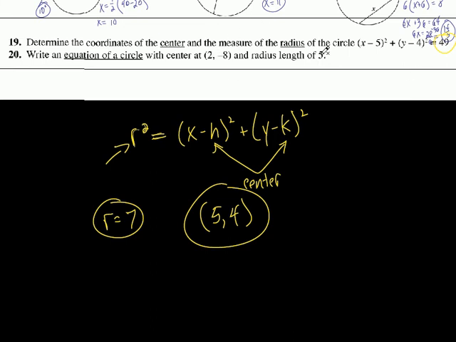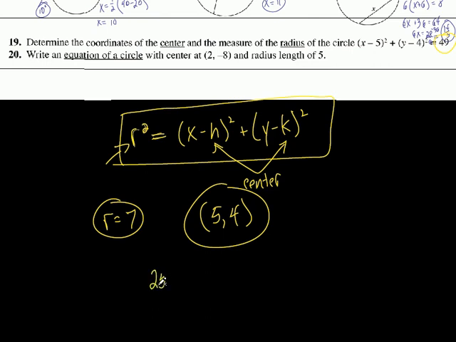This one, they give you the center and the radius. You just have to find the equation of the circle. Again, if you know this thing right here, that shouldn't be a problem for you at all. So let's do this. R squared. So it says the radius is 5. So what do? 5 squared. We can do that in our head. What's that? 25 equals. And let's set it up like this. It's going to be like this and like this. So it's x minus whatever that first point is.